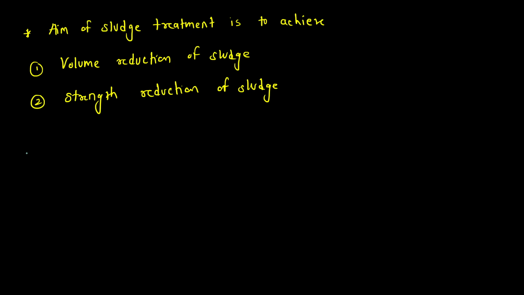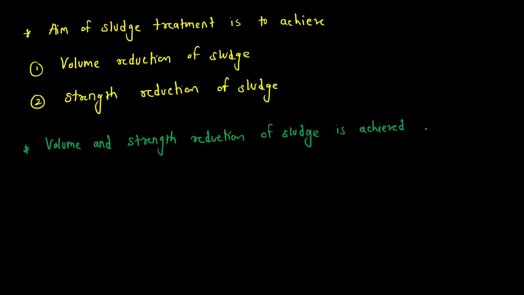So let's write down the next point. Volume and strength reduction of sludge is achieved by, so it is achieved by what? These are the following processes. The first process is called sludge thickening. The second process is called sludge digestion.